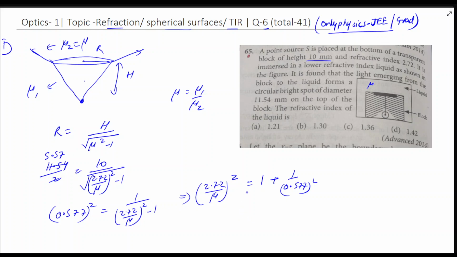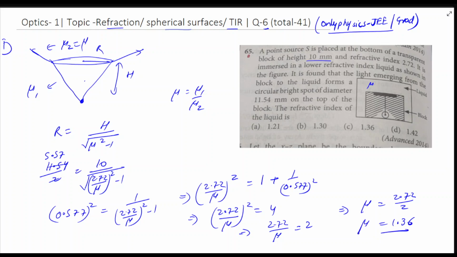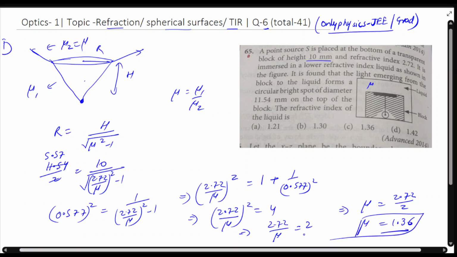Let me use the calculator really fast: 1 divided by 0.577 and again 0.577. This is approximately 3, plus 1, so this is 4. So 2.72 divided by mu to the whole square is 4, so 2.72 divided by mu equals 2. So mu will be 2.72 by 2, which is 1.36. Right? So again, quite an easy question.